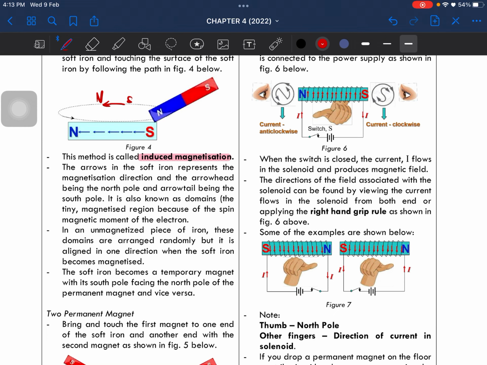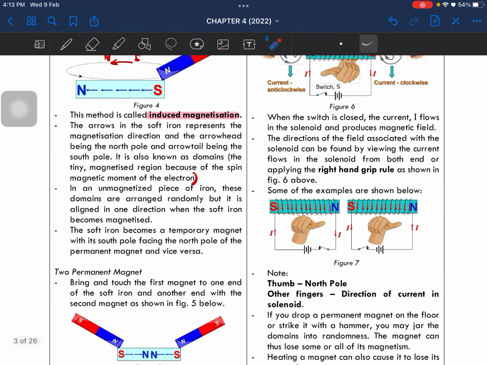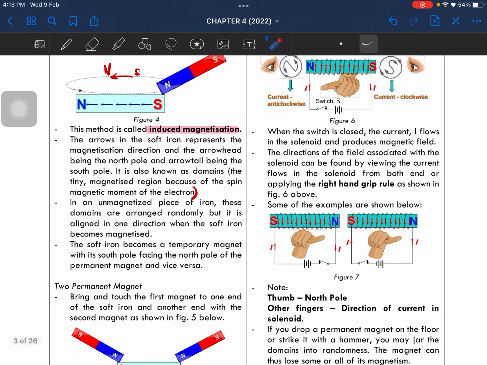These are also known as domains, which are tiny magnetized regions because of the spin magnetic moment of the electron lah. In an unmagnetized piece of iron, the domains are arranged randomly, but they are aligned in one direction when the soft iron becomes magnetized, which is this one lah, they call that domains.